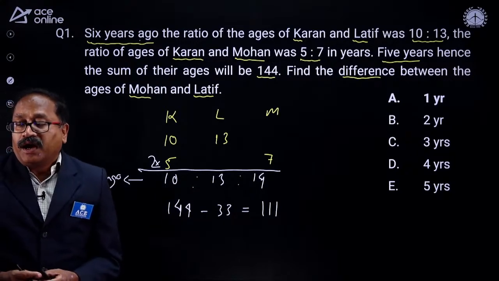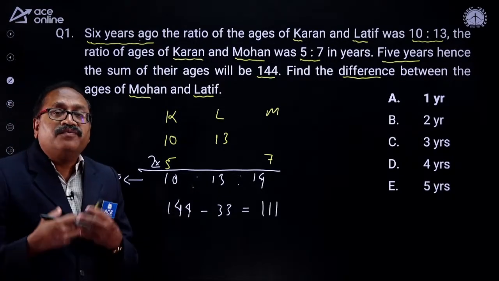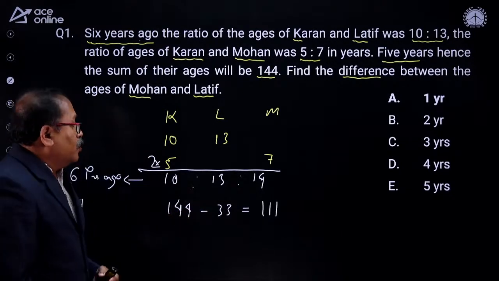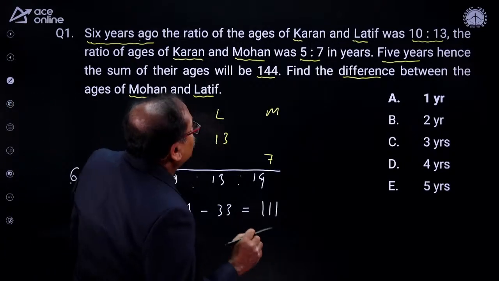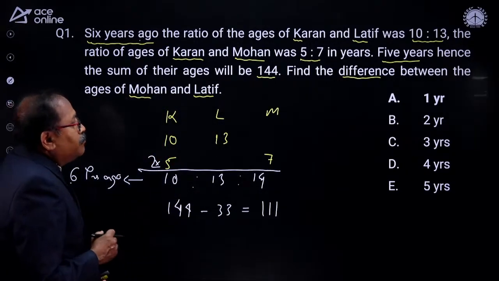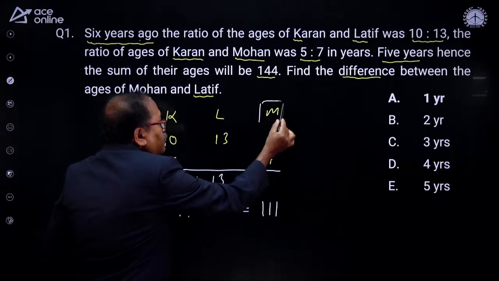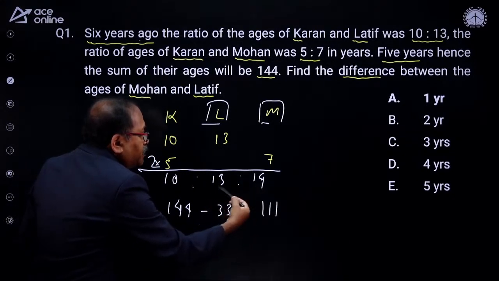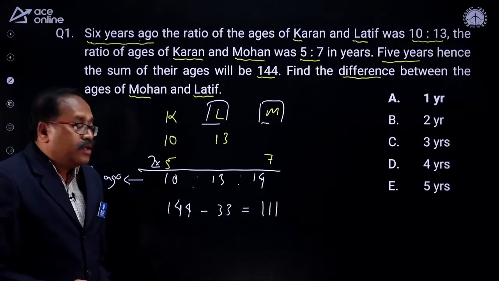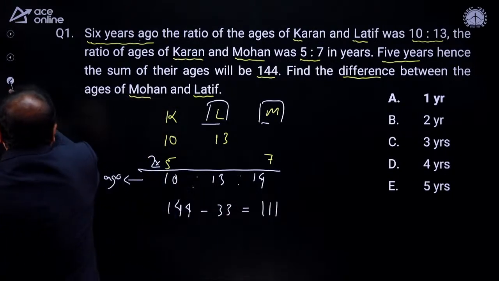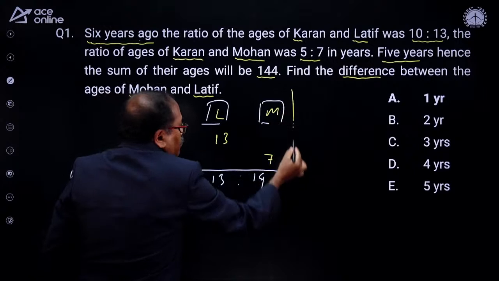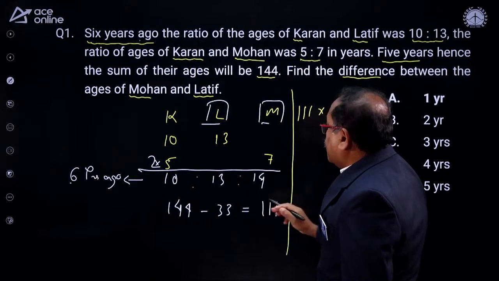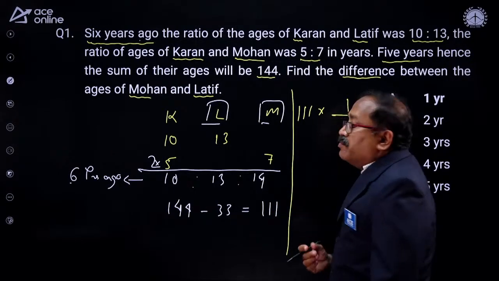ये आ गया. And you know that the age gap for any given time will remain the same for any 2 people. Now क्वेश्चन में क्या पूछा गया, what is the difference between the age of M and L. तो डिफरेंस ऑफ एज कितने पार्ट्स हैं देखिए, there is one part. So 111 into one part out of how many parts?